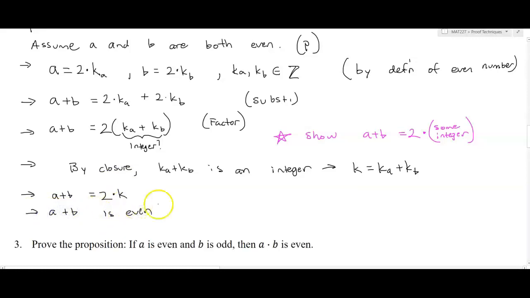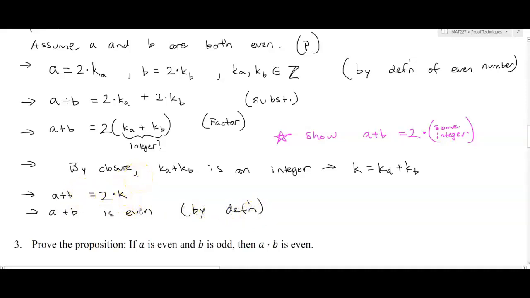How do I know that? Well, by the definition of an even number, because 2 times some integer is even, and that is equal to A plus B. So if an even number equals A plus B, that means A plus B is an even number. And we could say that this is by definition. It can be written as 2 times an integer, and therefore that's what makes it even.